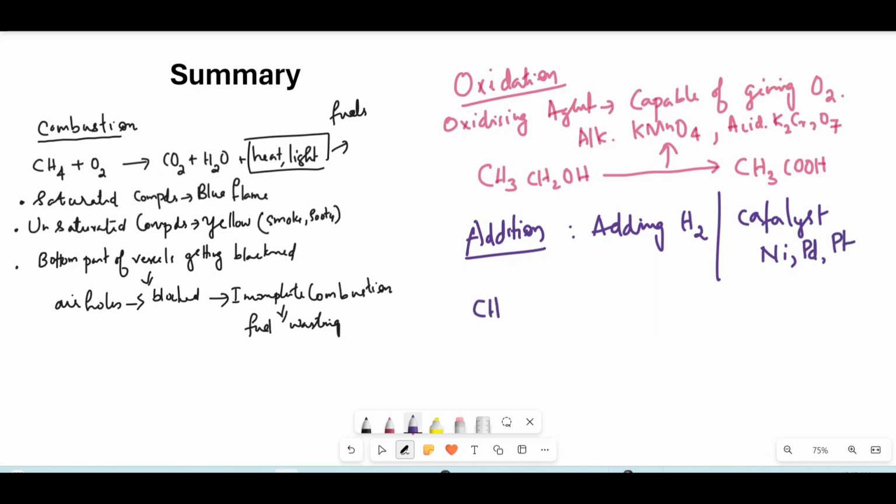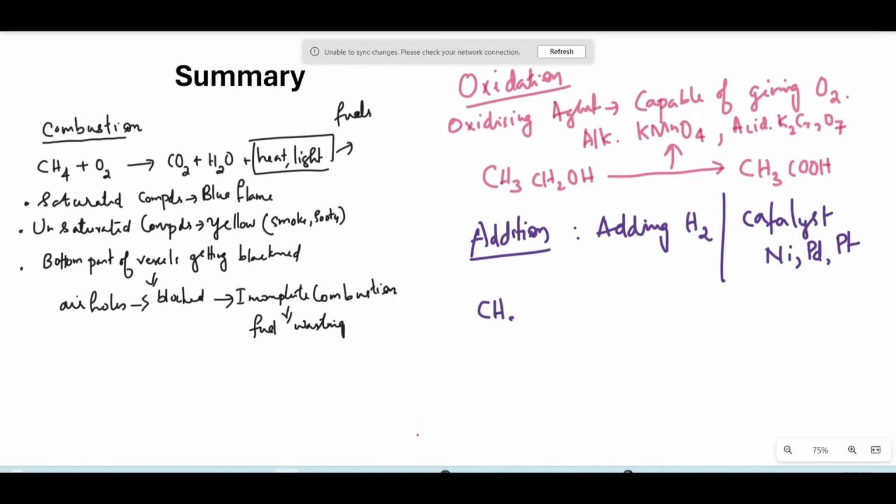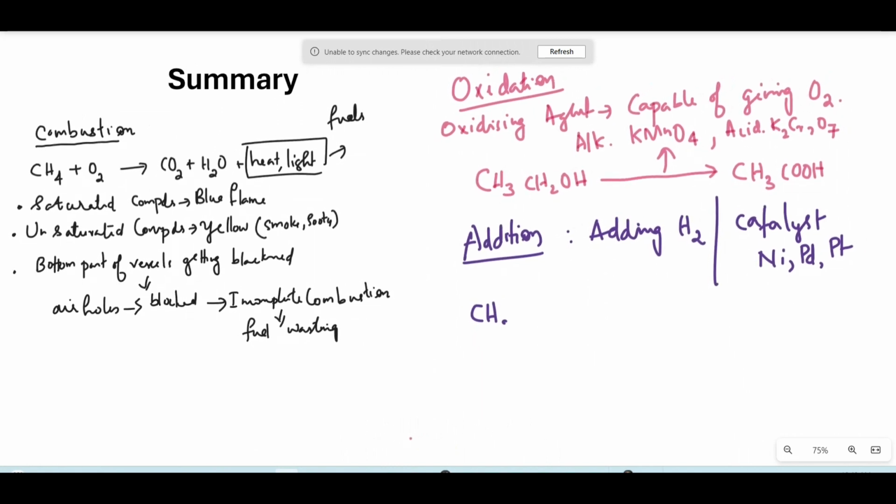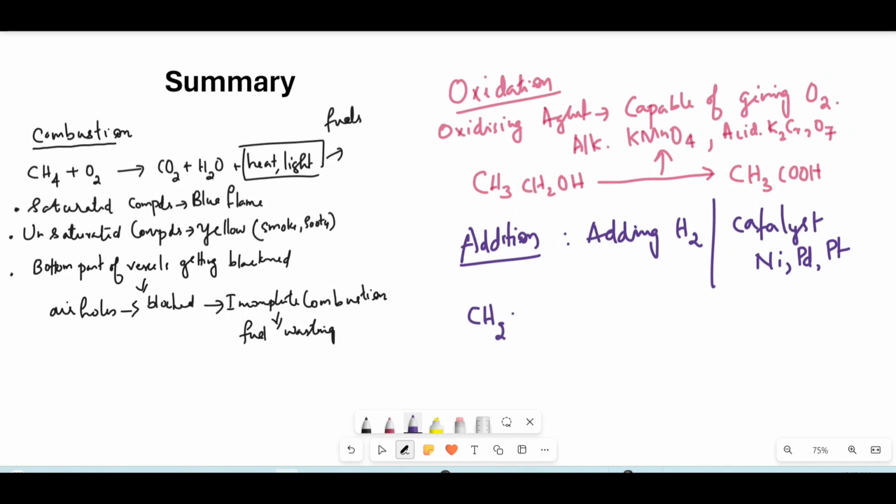So CH2 double bond CH2 plus H2 in presence of nickel catalyst is converted to CH3CH3.